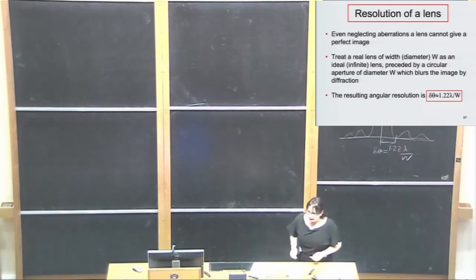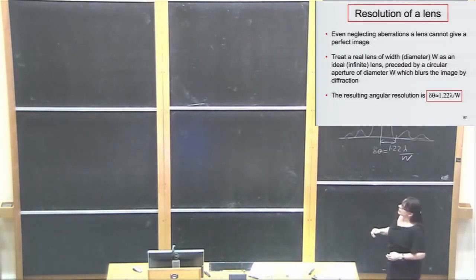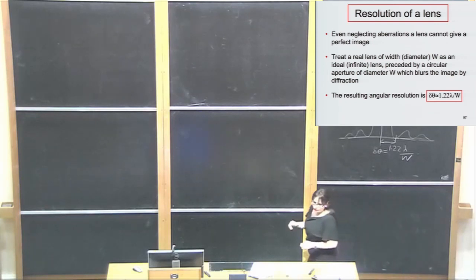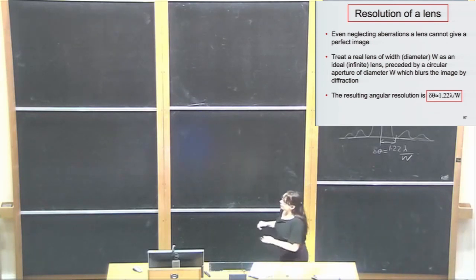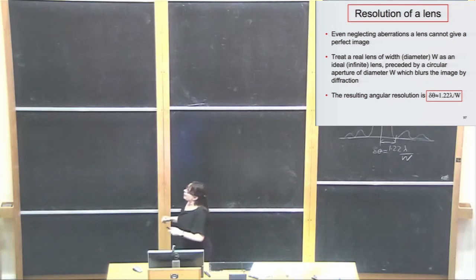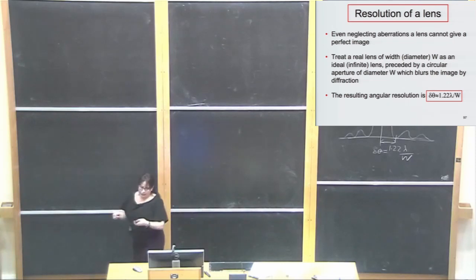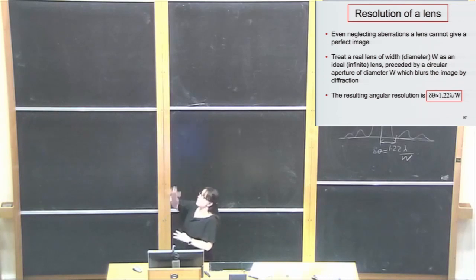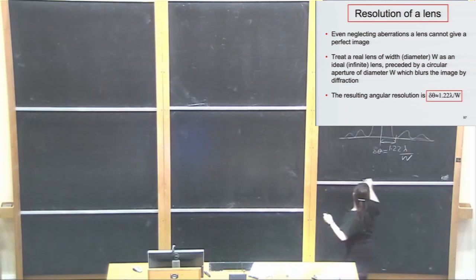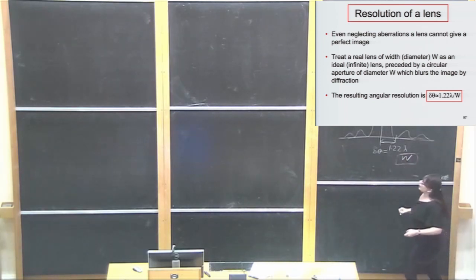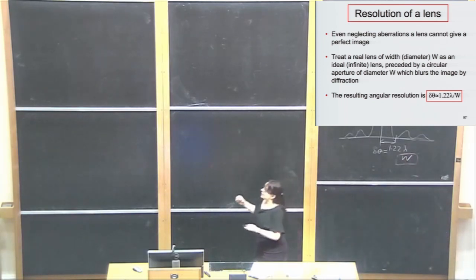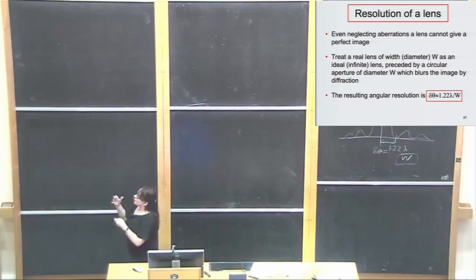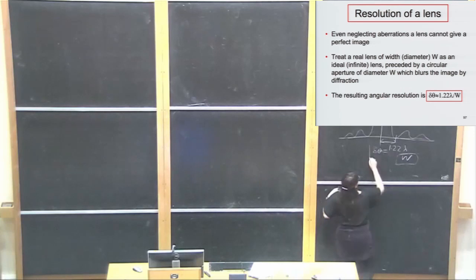Right. Okay. So this enables us to start talking about resolution of a lens, and I briefly said that an easy way to think about it is that we can treat a real lens of width w as an infinite lens, which wouldn't cause any diffractive effects, preceded by an aperture of width w, and so that situation gives us exactly this same angular broadening.